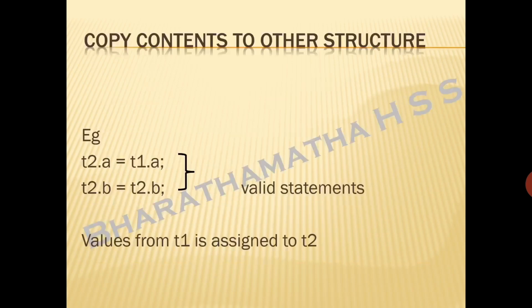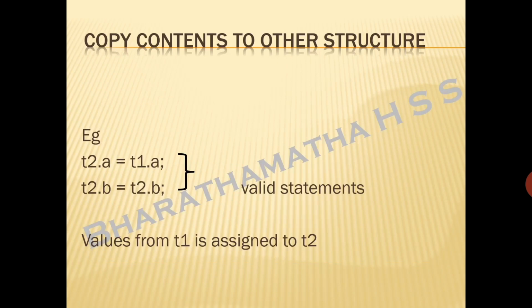So how to copy the contents from one structure to another structure? So now look into that previous example itself. Considering the previous example itself, t2.a = t1.a. You had the values present in structure test1 associated with the variable t1. So from t1 you have to pass the values to t2.